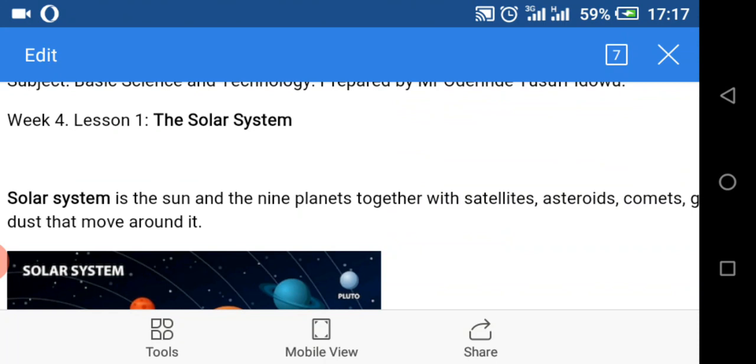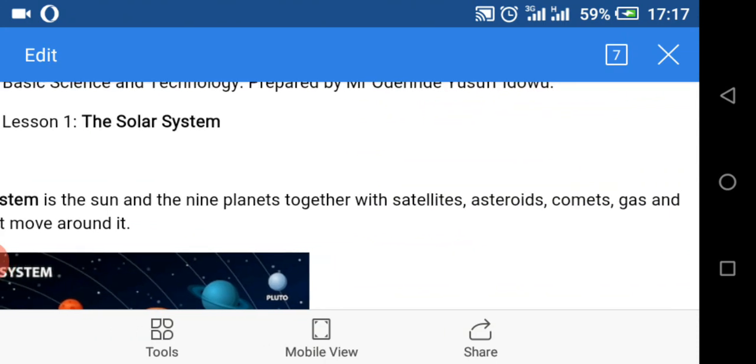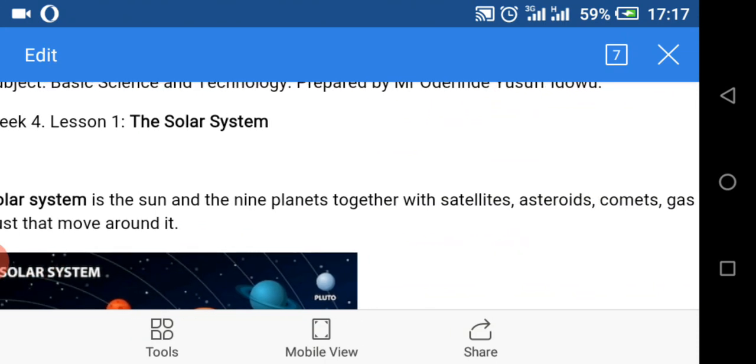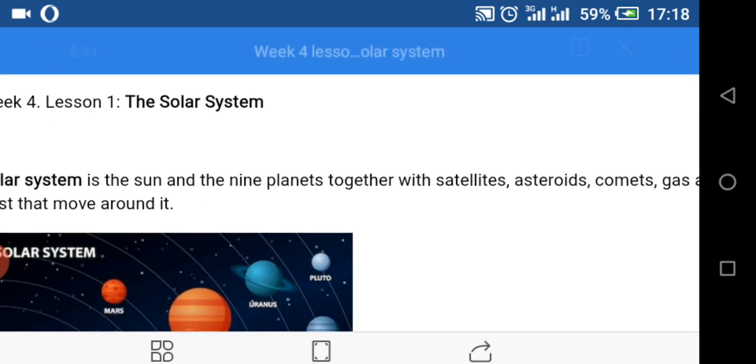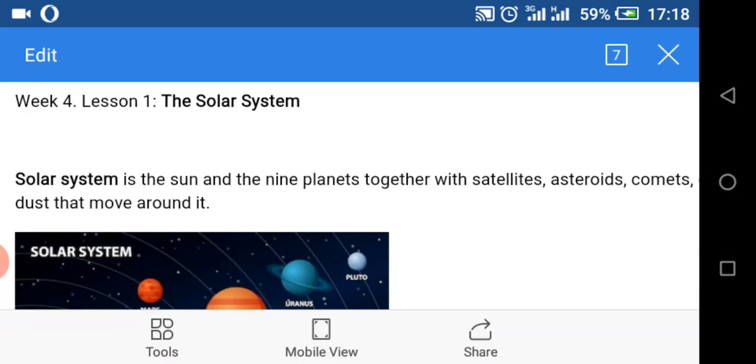What is solar system? Solar system is the sun and the 9 planets together with satellites, asteroids, comets, gas, and dust that move around the sun.